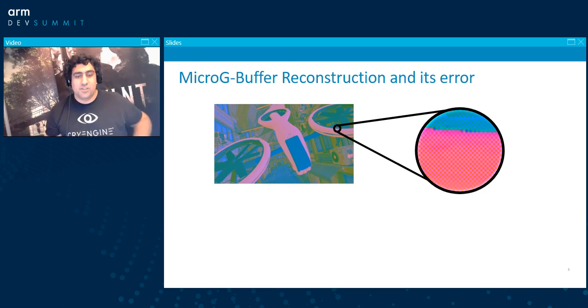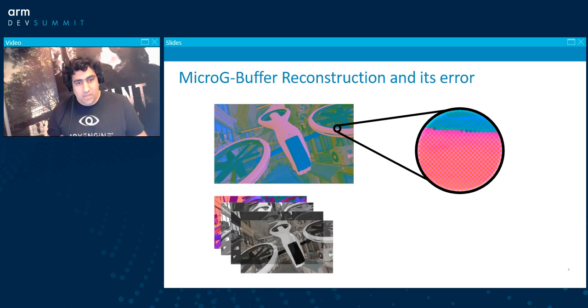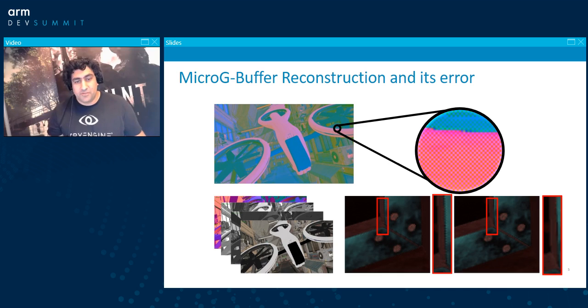Here we zoomed in on the micro gbuffer texture to show its encoding representation. The checkerboard pattern is clearly visible. An example of different gbuffer components reconstructed is shown below.